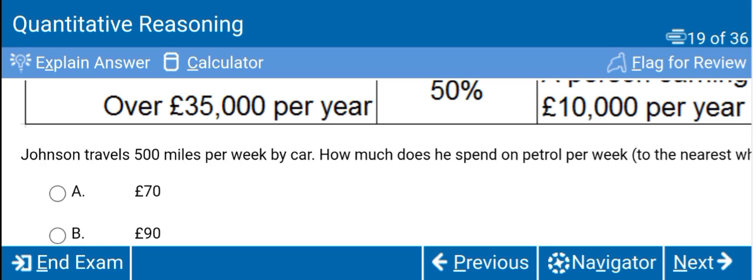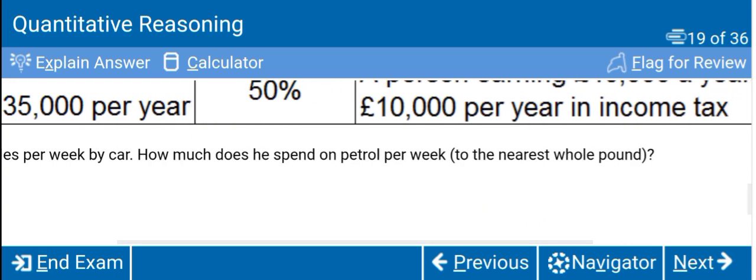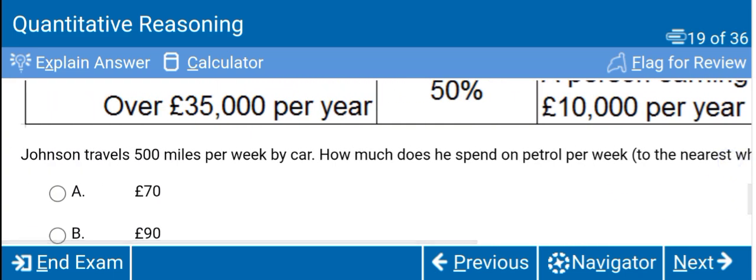How much does he spend on petrol per week to the nearest whole pound?